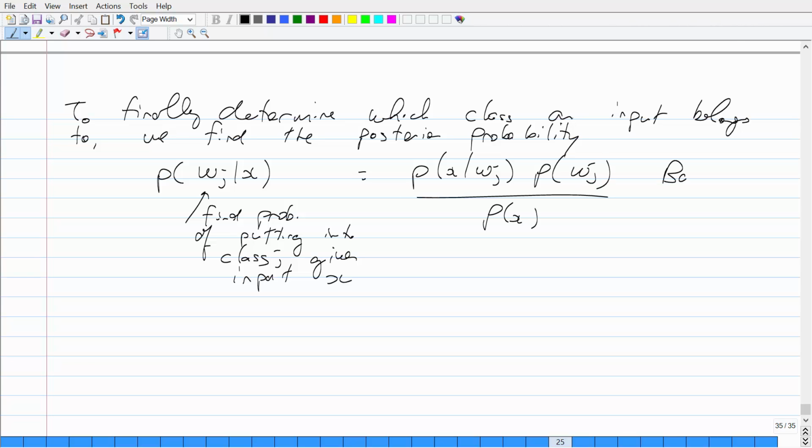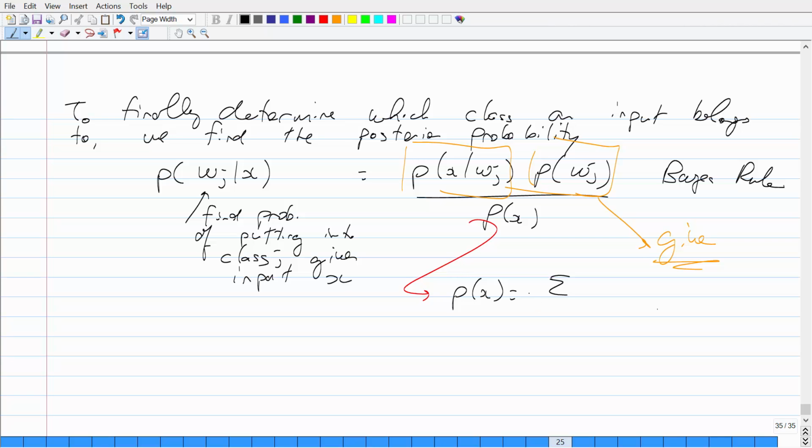This is Bayes' rule from before. This is the likelihood, and this is the prior, so this is given. We know this already. This is the evidence. We don't know this, but it's easy to compute if you remember the law of total probability.